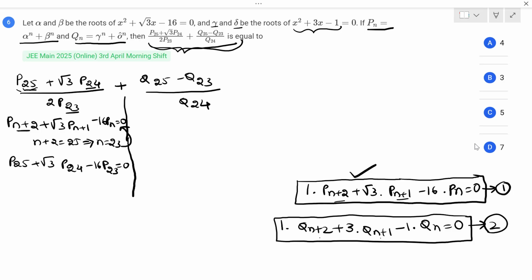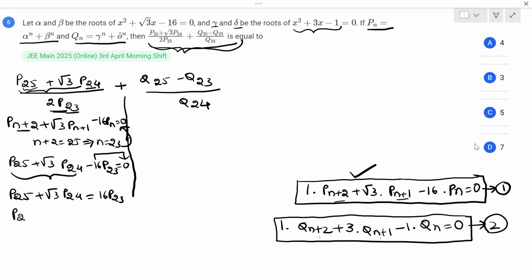What is the numerator? You can clearly see that P25 plus root 3 times P24 is the numerator. So take minus 16 P23 to the right side. That would be P25 plus root 3 times P24 is equal to 16 times P23. But on the denominator, it is 2 P23. So write 16 P23 as 8 into 2 P23.